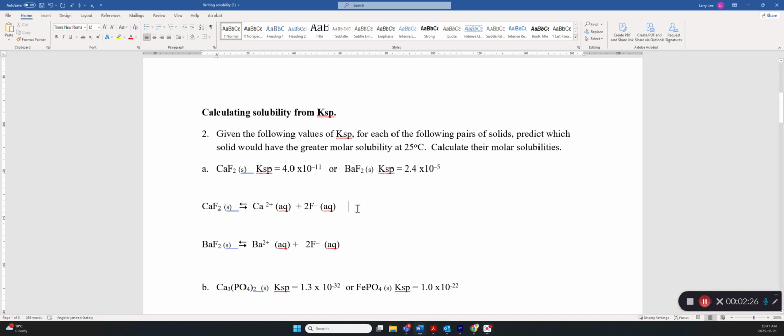So now we write the KSP expression, the solubility product expression, KSP. It's a mathematical equation, so you have to say KSP is equal to the concentrations of the products over the reactants, and the reactant is a solid, so solid will be counted as 1. We don't need to write that down in our equilibrium KSP expression.